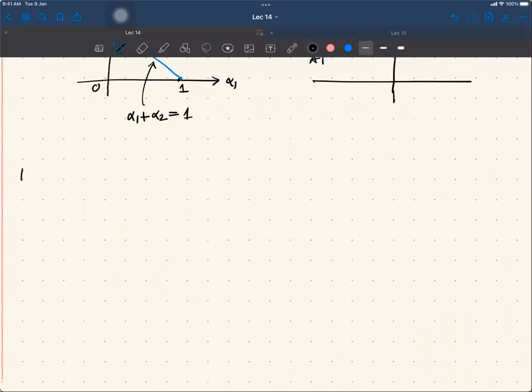Similarly, if you take n equals 3, you have a three-dimensional space, alpha 1, alpha 2, and alpha 3.